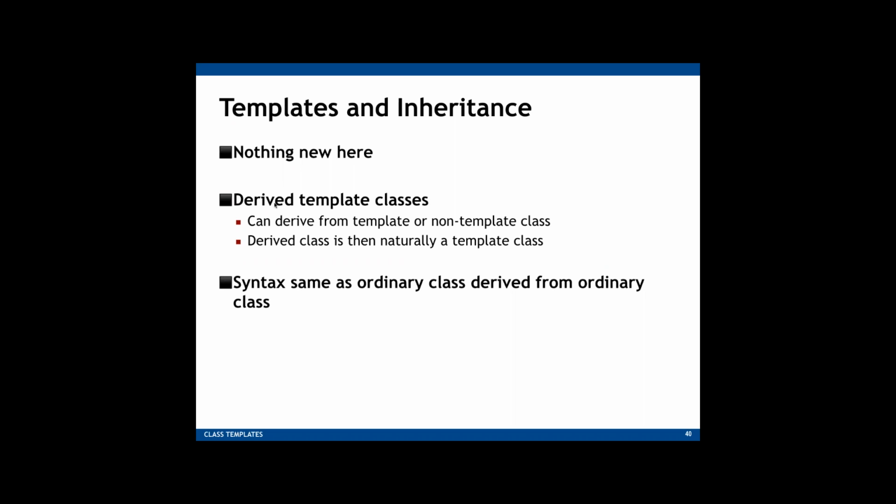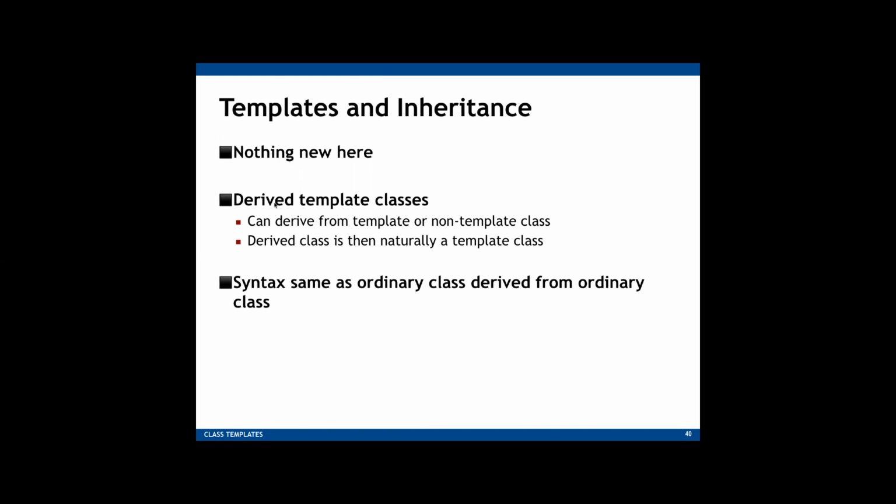We can also inherit a template class, because a template class is also a class. The derived class, which is a child class, can inherit a template class or a non-template class. If the derived class inherits a template class, the derived class itself becomes a template class as well.